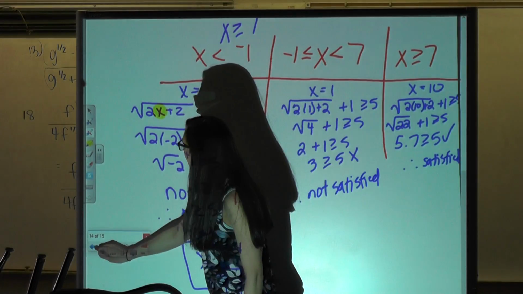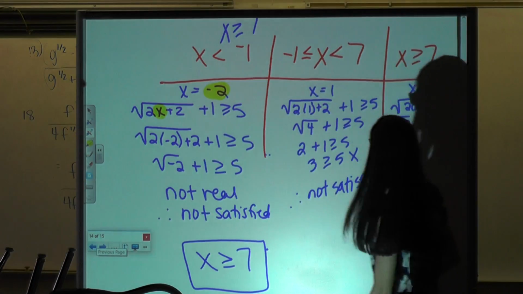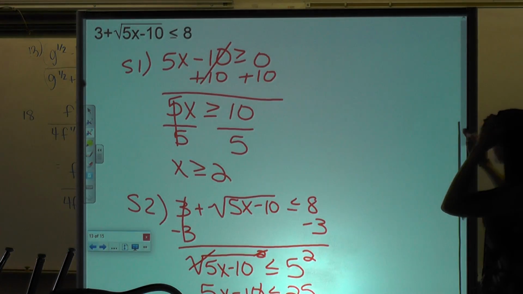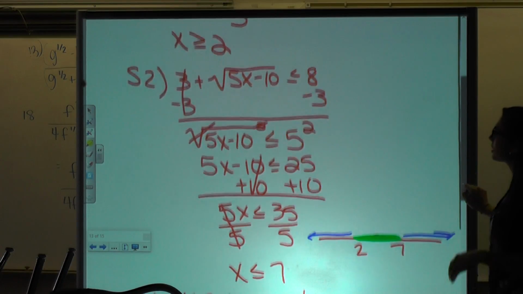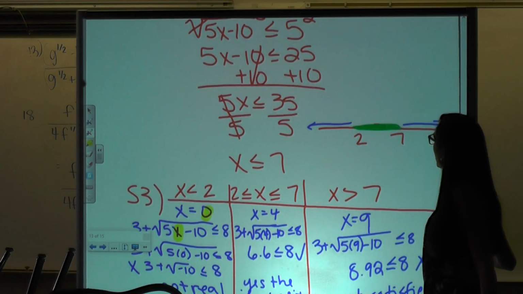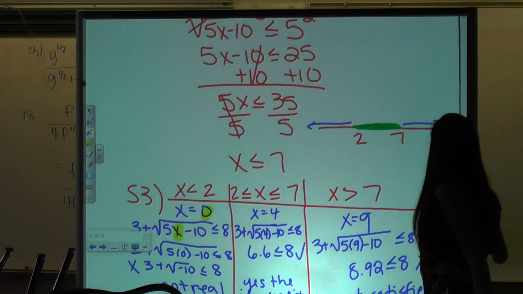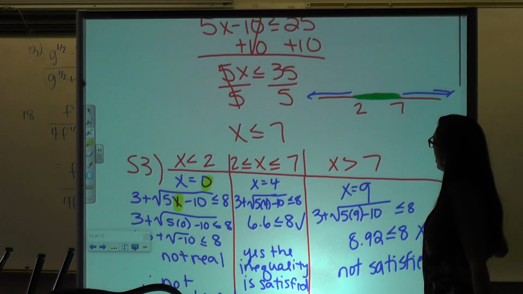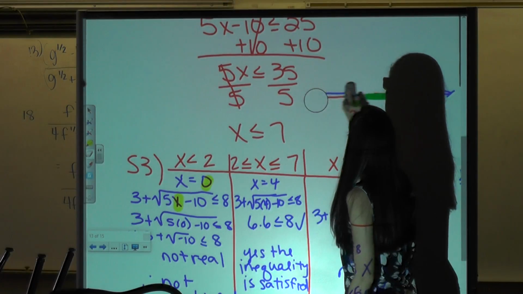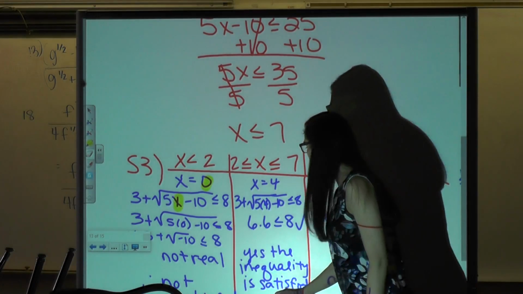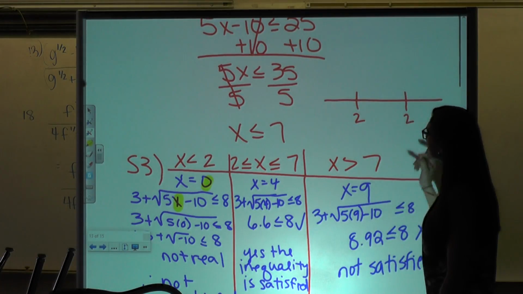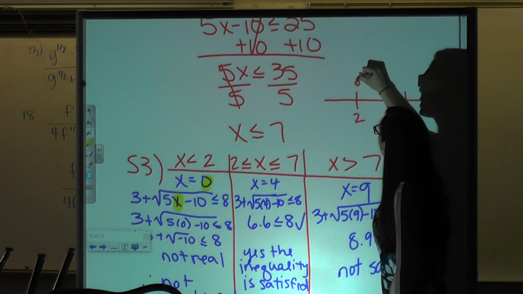Your one before that. For this one, you've got X is greater than or equal to 2. If you do a number line for it, you've got 2, you've got 7.